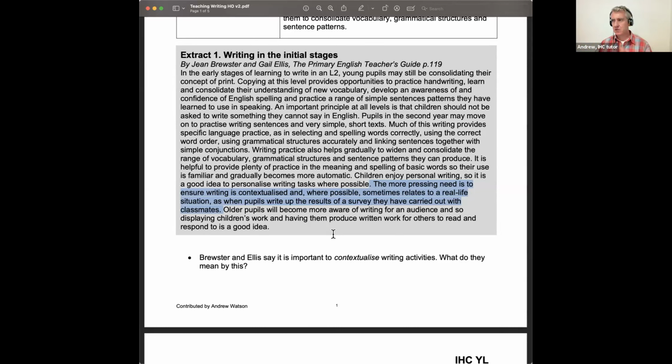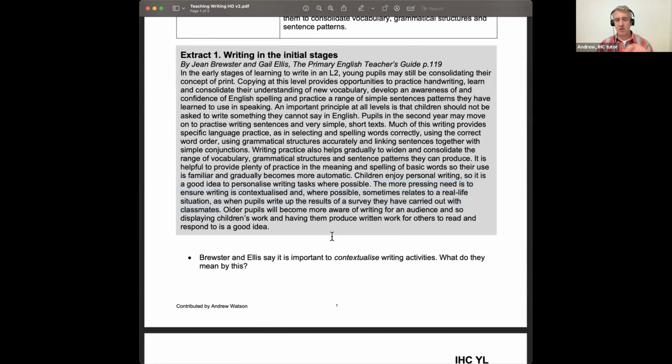So then you collect that information. The students work together, collect that information, make a poster, and then report back to the class, or maybe write up the results of the survey and post them on the wall.